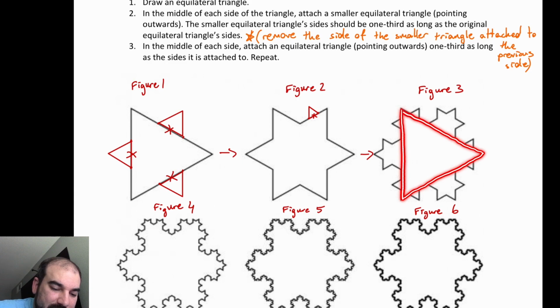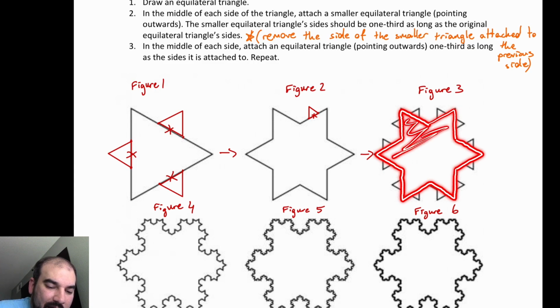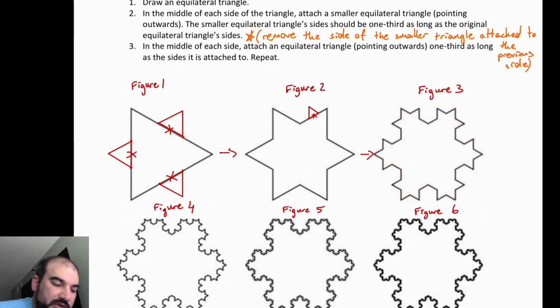All of that area is still there. In fact, we still have the area from the second step as well. If I outline this correctly, we see that in here we have all of figure 2, we're just adding a bunch of little triangles onto it, right?